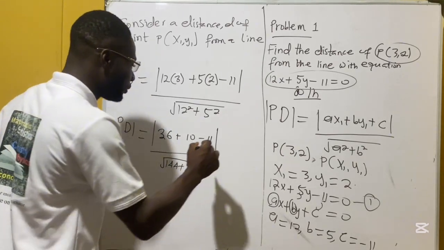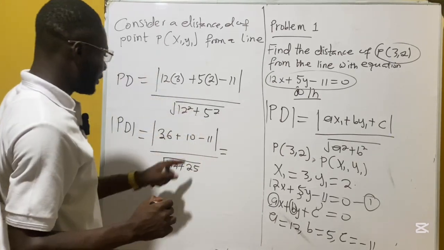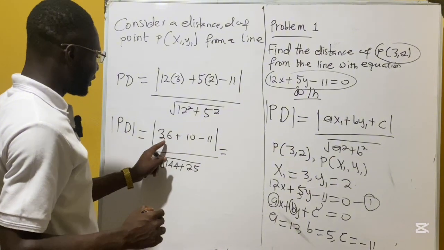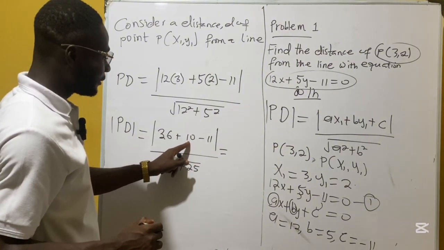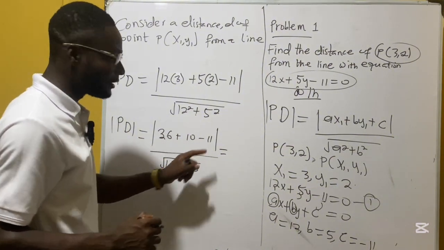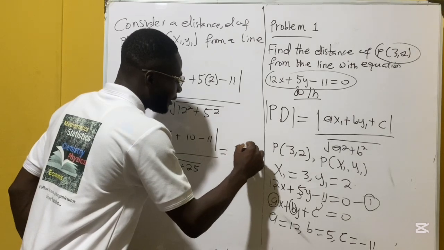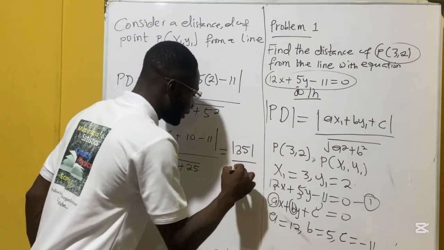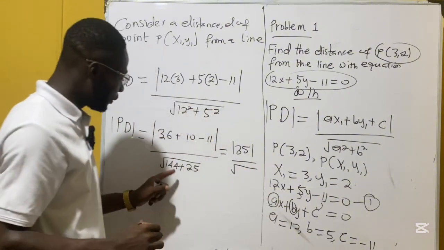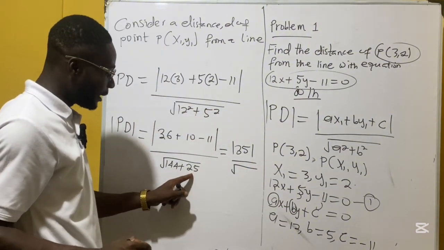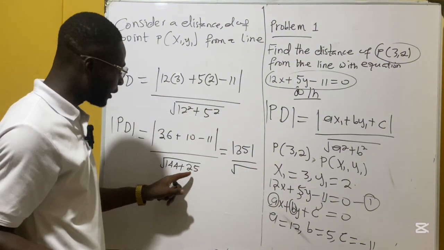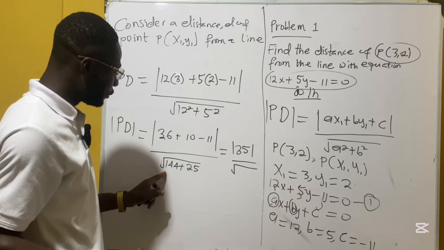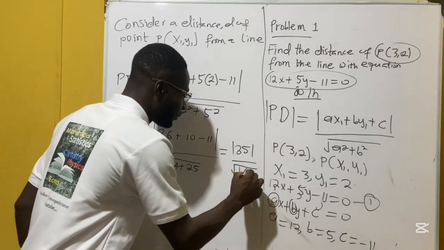So we're going to have our solution: 36 plus 10 minus 11 is absolute 35, all over the square root of 144 plus 25, which is 169.